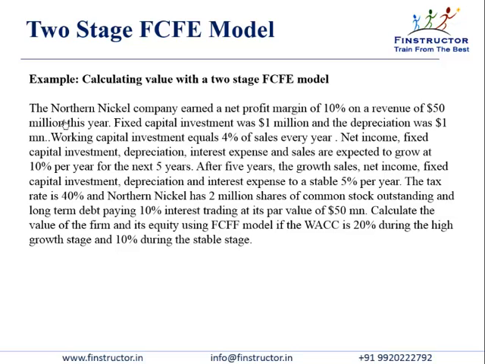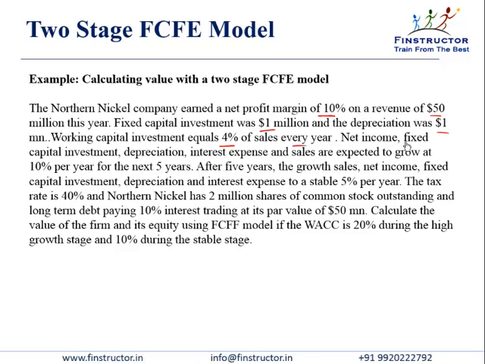So the Northern Nickel company earned a net profit margin of 10% on a revenue of $50 million this year. Fixed capital investment was $1 million and depreciation was also $1 million. Working capital investment equals 4% of sales every year.